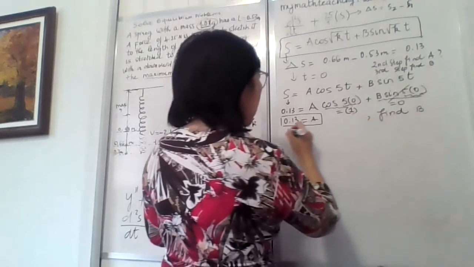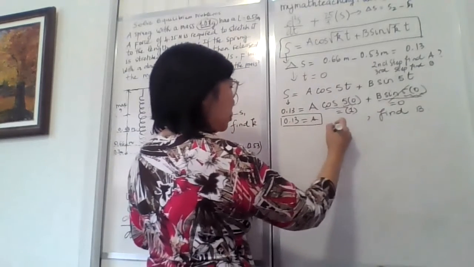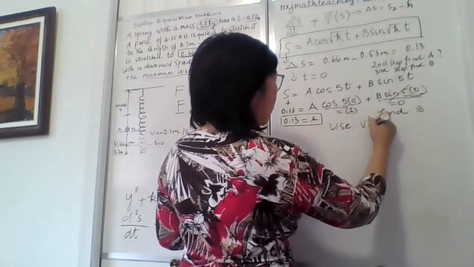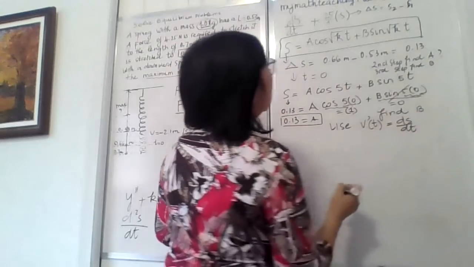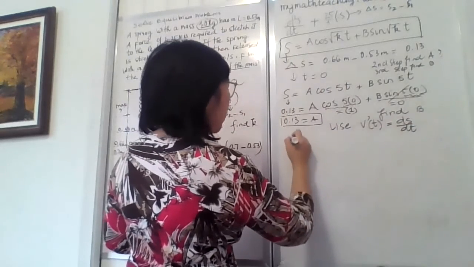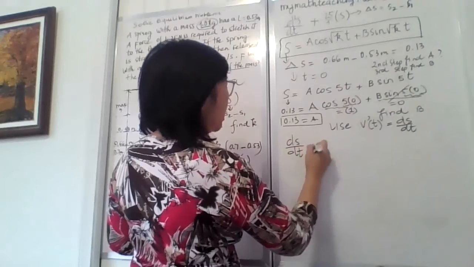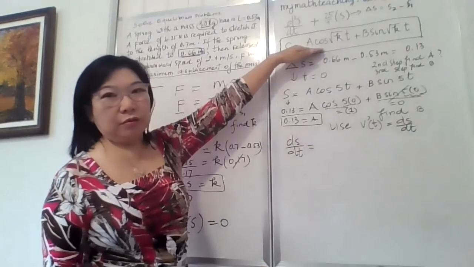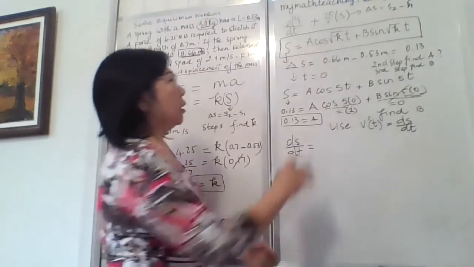Now to find B, we remember from the previous lecture, I told you we will use velocity, which is ds over dt, right? And ds over dt is the derivative of this original function. So now we're going to take the derivative of this.